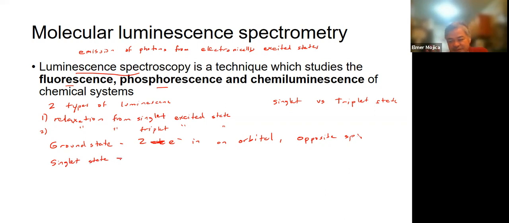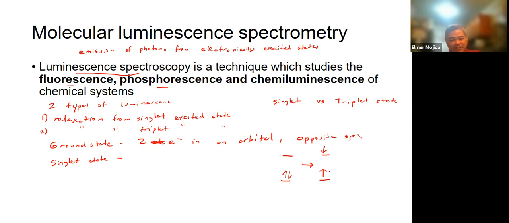The electron in the higher energy orbital has the opposite spin orientation relative to the electron in the lower orbital. So let's say this is our ground state. When we excite it, what happens is like this. That is what we call the singlet excited state.